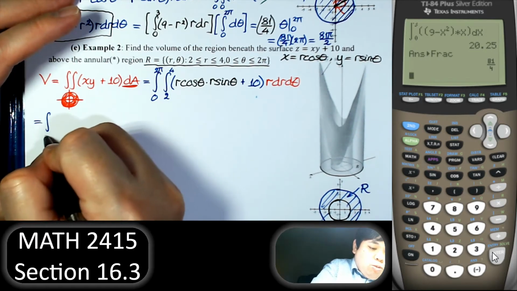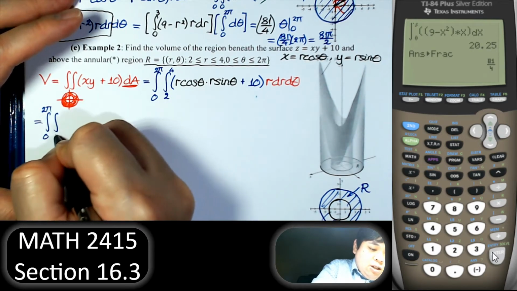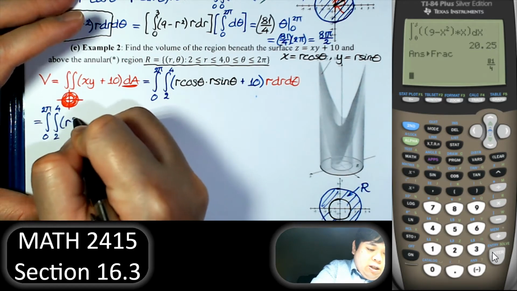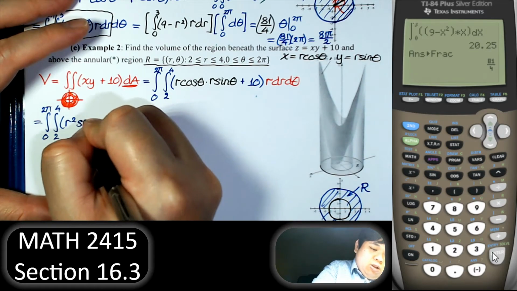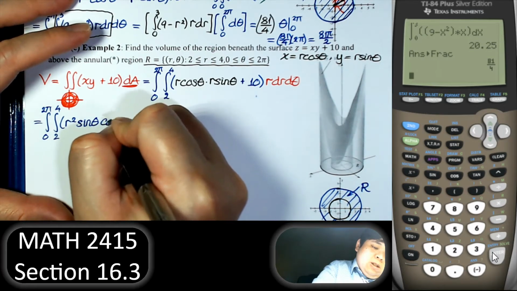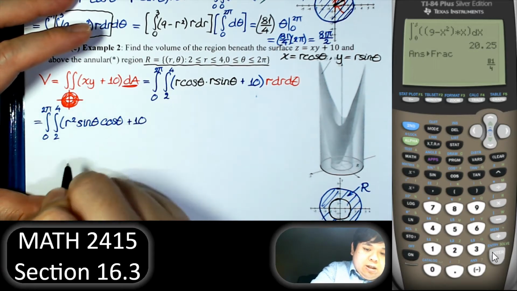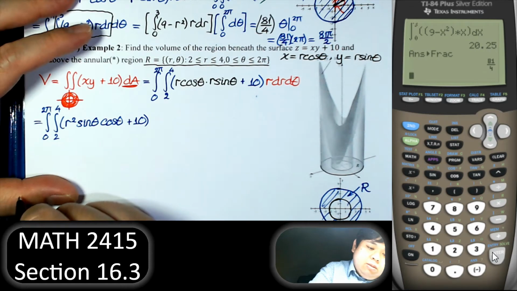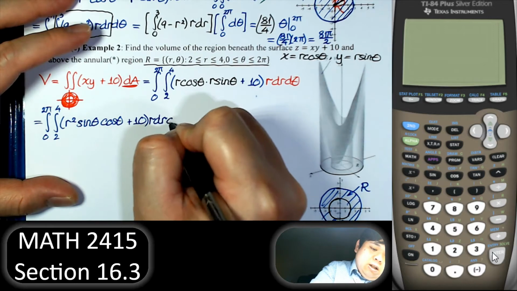So try to write small because we might need a lot of space. That gives us r squared, and then cosine times sine, or sine times cosine, plus 10, and then r dr d theta.